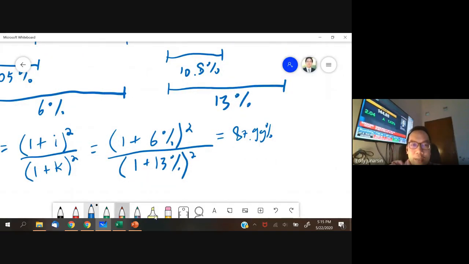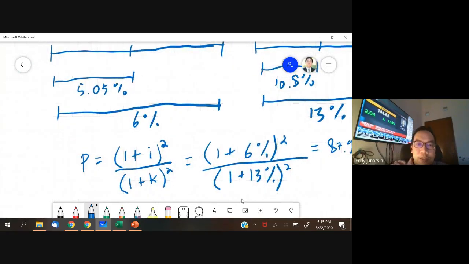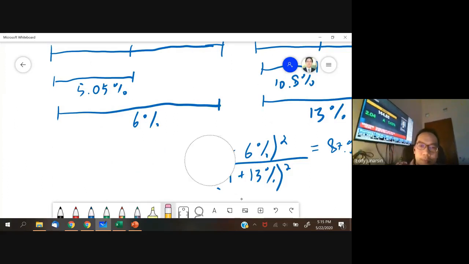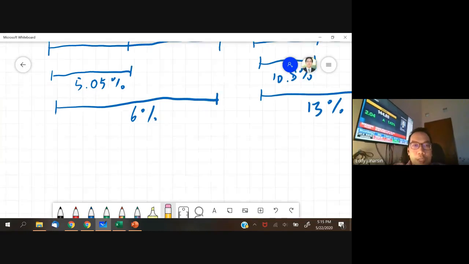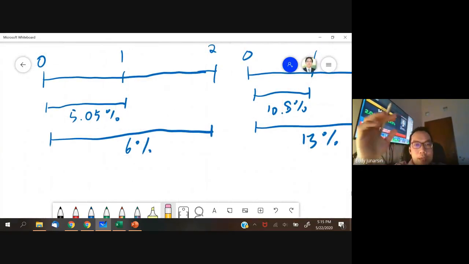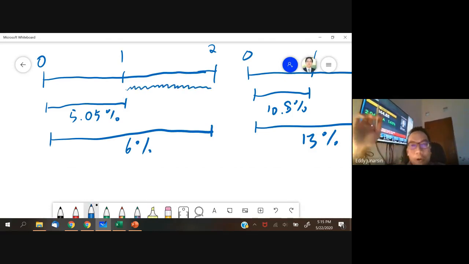So let's see here. You see the information here. 1 year interest rate is 5.05. 2-year interest rate is 6%. So we could make a projection for this one. Do you remember from your maybe high school mathematics, right?